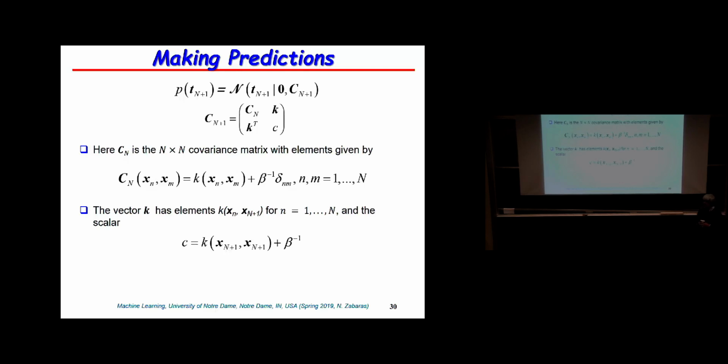I want you to look carefully. You remember that matrix C that I had, right? It involves the noise parameter, but the rest are really kernel values. So would you agree that Cn plus 1 is Cn, and then a vector k, k transpose, and C, where the vector k is this, and C is that?